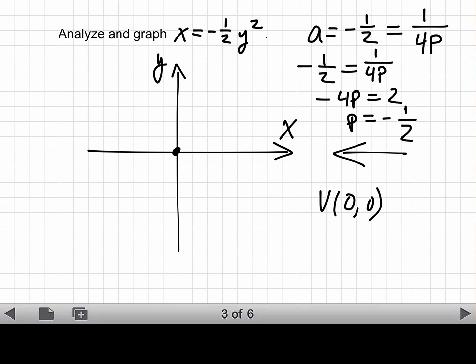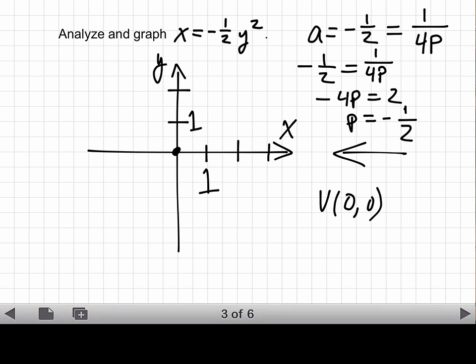We already mentioned that. And that means that the focus is 1/2 of a unit from the vertex. Instead of trying to cut up my squares in small little pieces, I'm going to make the scale of my axes such that 2 squares represents 1 unit.